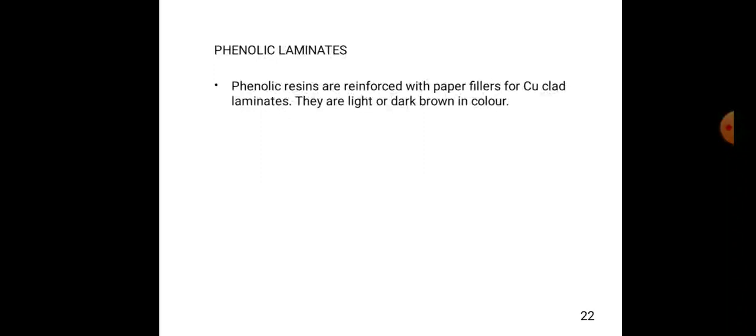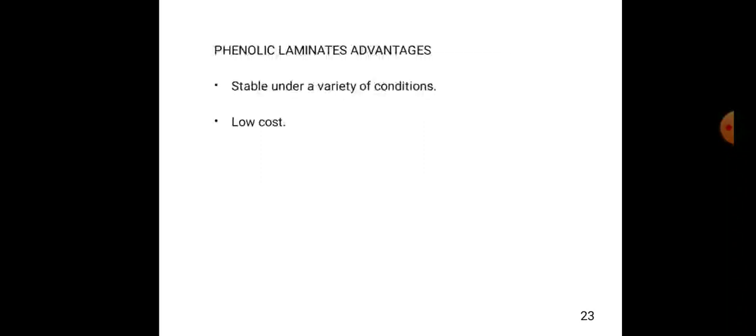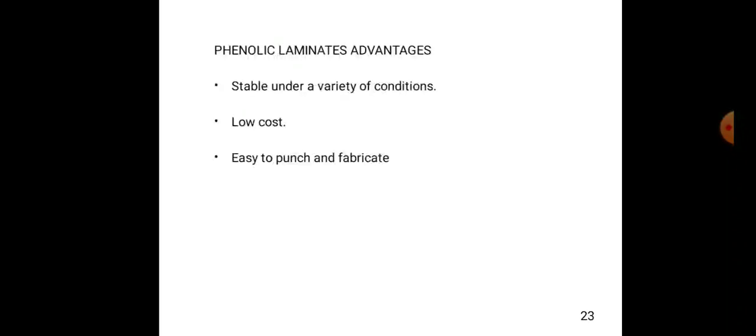They are light or dark brown in color. Whatever PCBs have a dark brown or light brown color are called phenolic laminates. The main advantage is that they are stable under a variety of conditions.